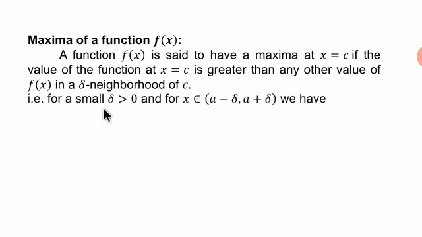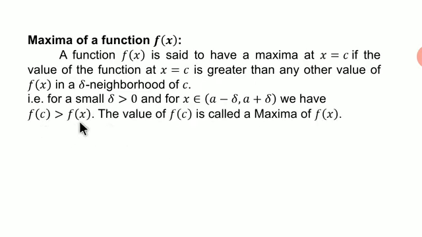That is for a small delta greater than 0 and for x belongs to open interval c minus delta to c plus delta, we have f of c is greater than f of x. The value of f of c is called a maxima of f of x. That means the value of the function at x is equal to c is the maxima of the given function.